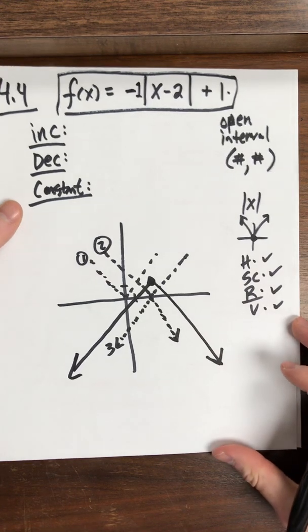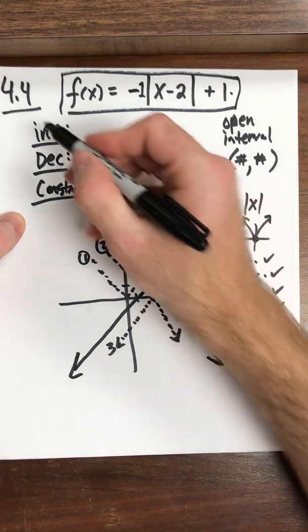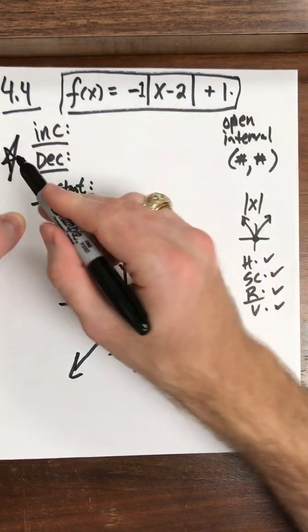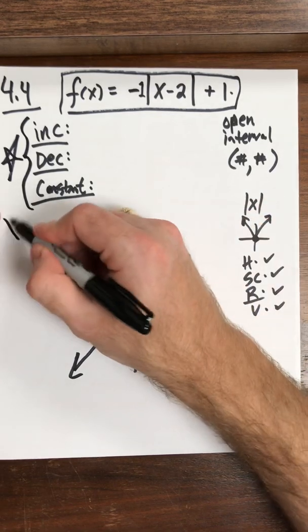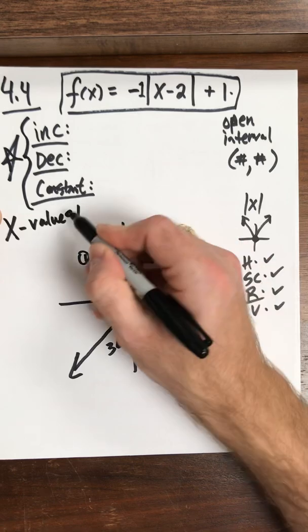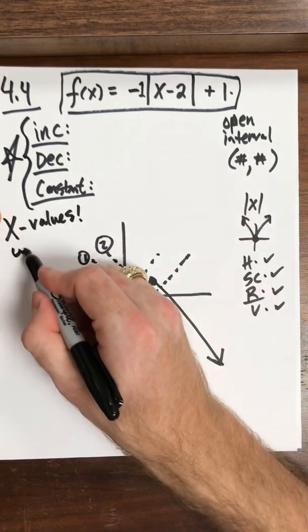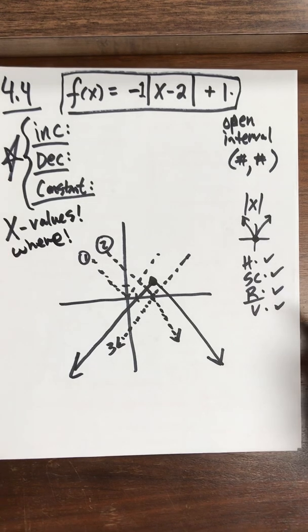So now the question becomes, where is it increasing? Where is it decreasing? Where is it constant? When I'm looking at this, the only values I care about are my x values. Okay? So the x values, that's where it is. Okay, that's the x value.